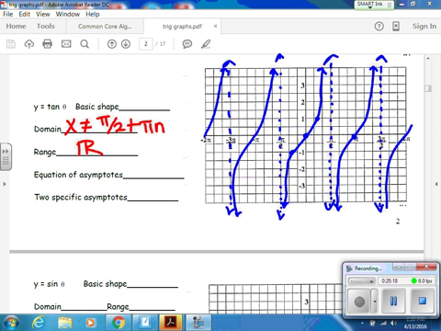So sine is next. You should be able to graph that sine function, no problem. So start graphing that sine function.